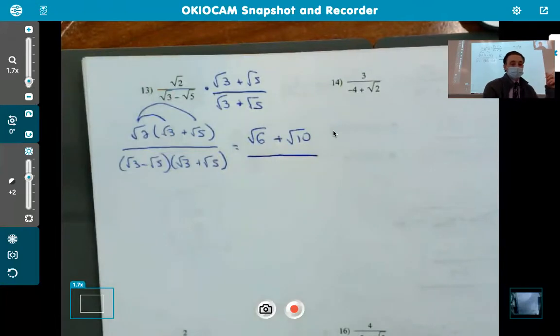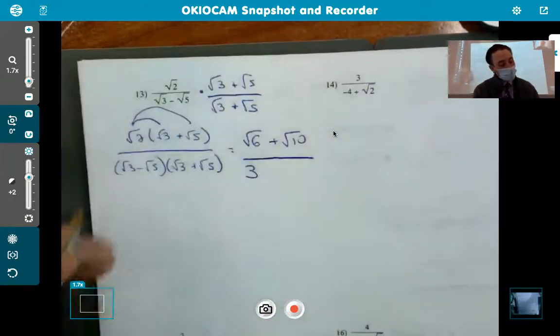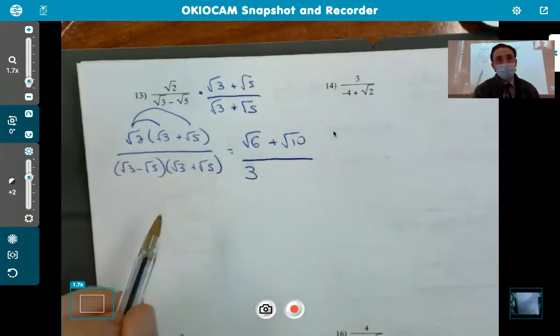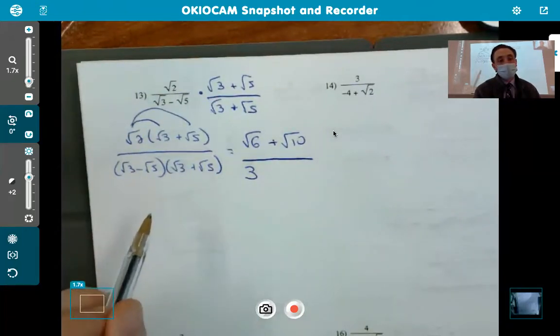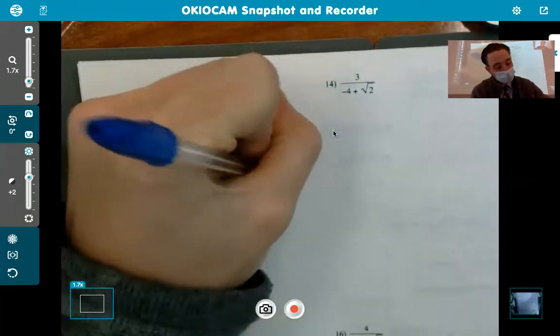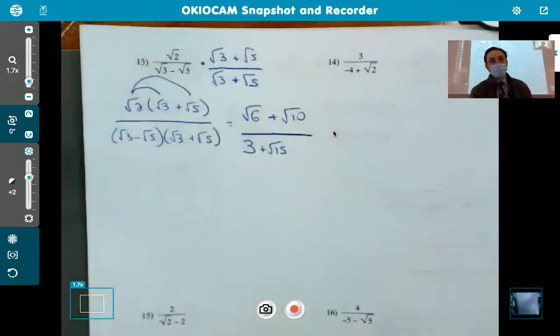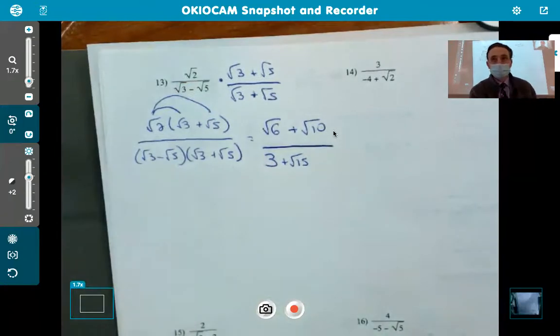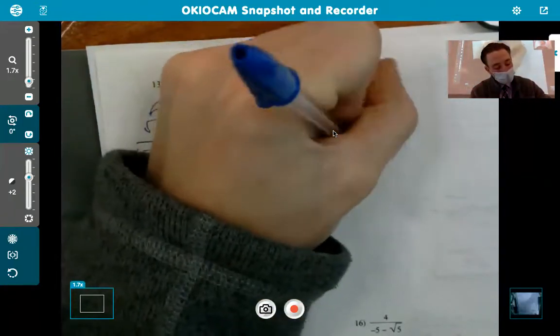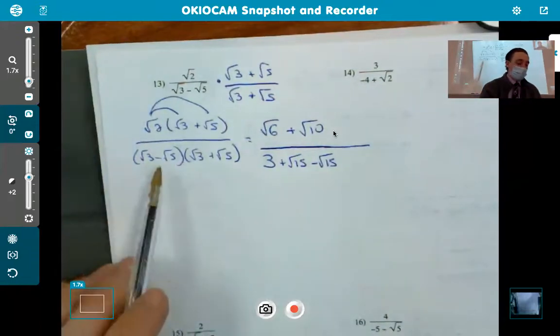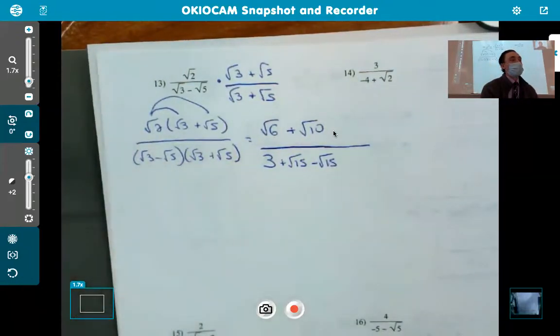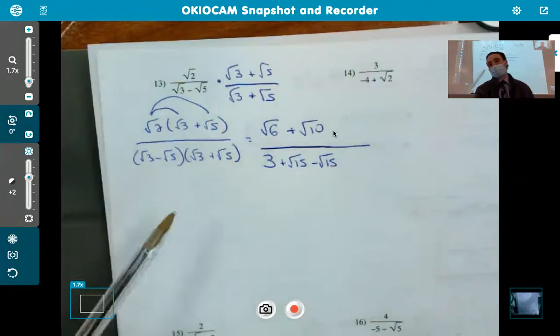In my denominator, when I'm foiling, what is √3 times √3 going to give me? √9, which is just 3. √3 times √5. √15. √3 times negative √5 is going to give me what? Negative √15. And then negative √5 times positive √5. What is that going to give me?